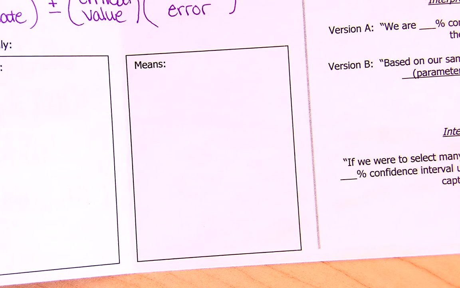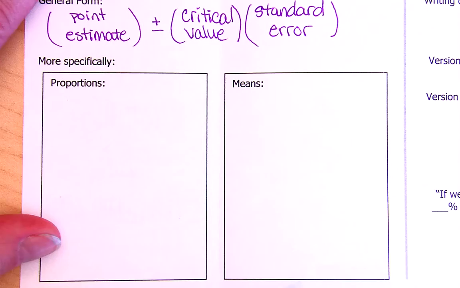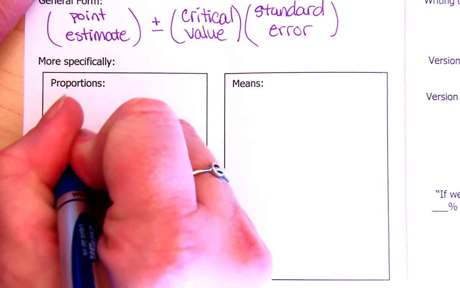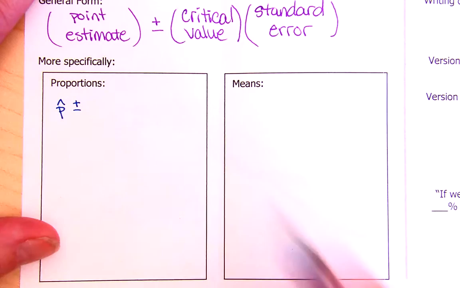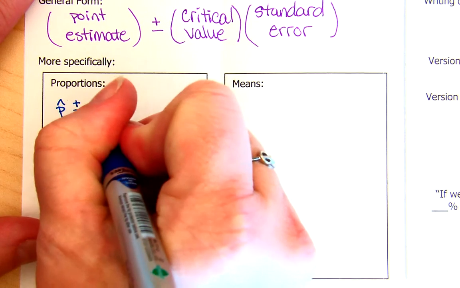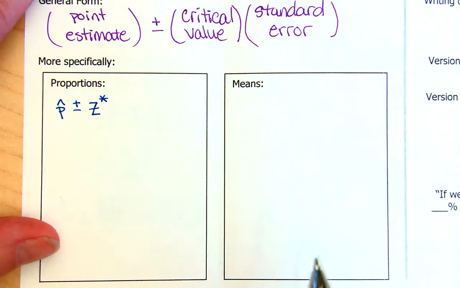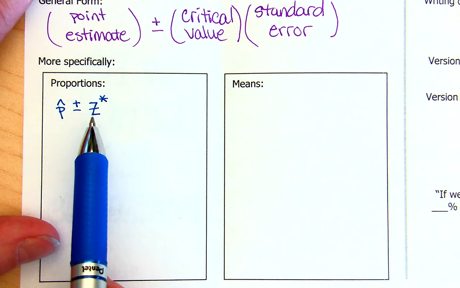So to make this more specific, for proportions, what this is going to look like is p hat, so the proportion from our sample, plus or minus, and since we're using a z interval for proportions, we get the z value from the table. So we usually see it with an asterisk, meaning this is the critical value from the table.